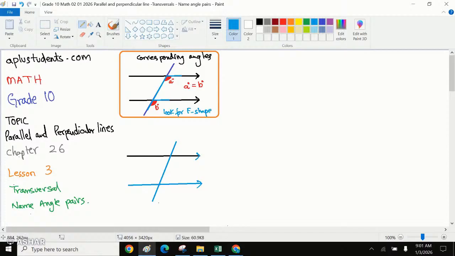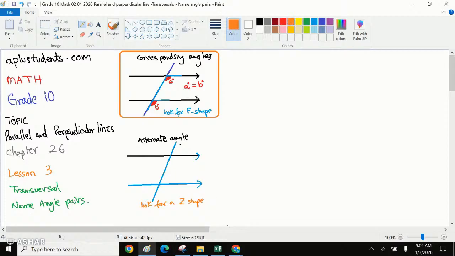In the second case, what we are looking at is alternate angles. In the case of alternate angles, we look for a Z shape, a Z formation, right?